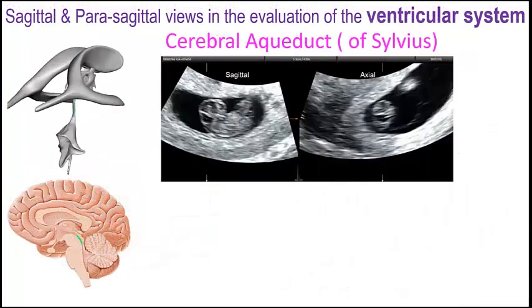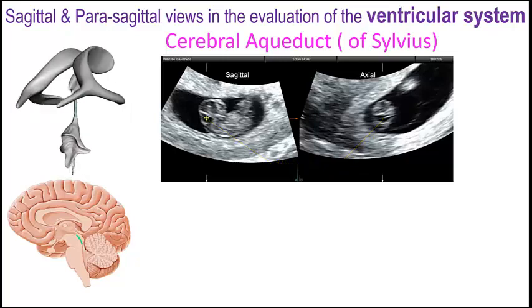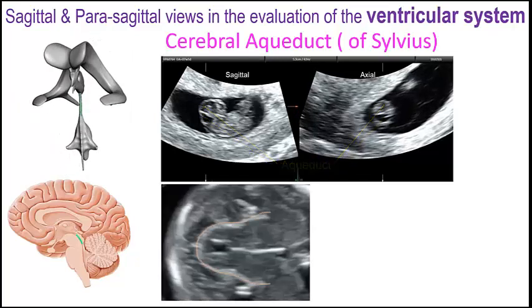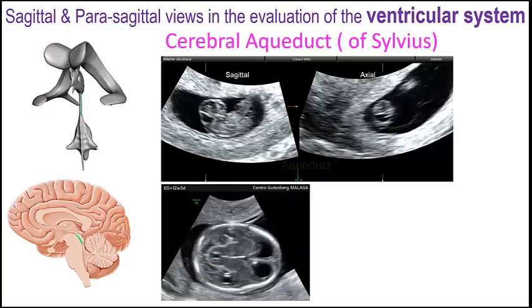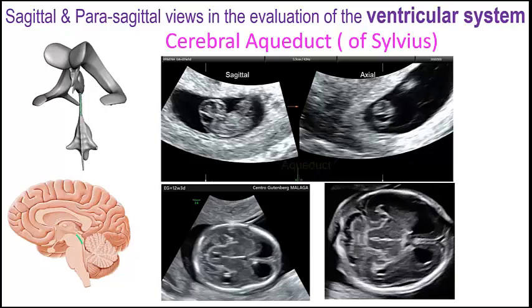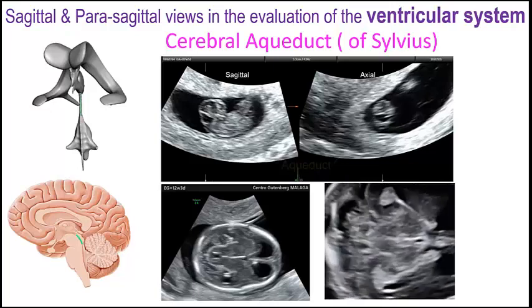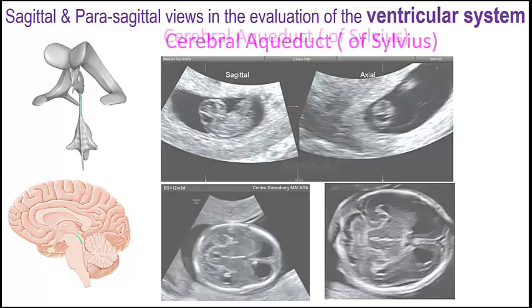The cerebral aqueduct or aqueduct of Sylvius is very prominent in the first trimester and also clearly seen in the axial views during the early second trimester. But beyond 18 or 19 weeks, its visualization in the axial planes is rare.